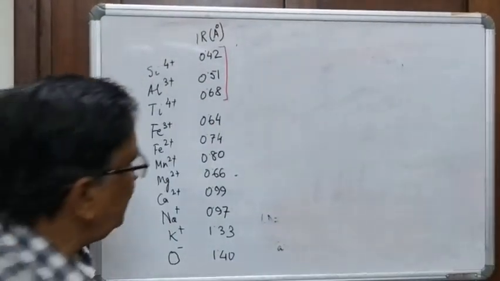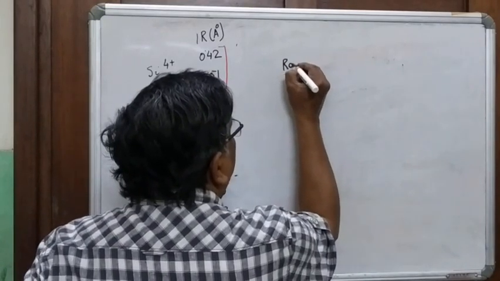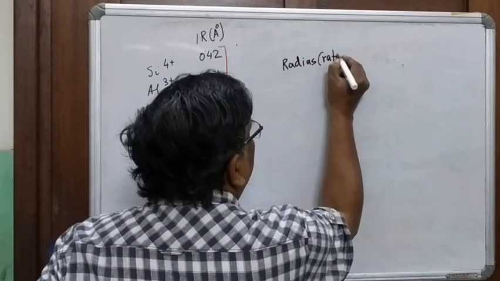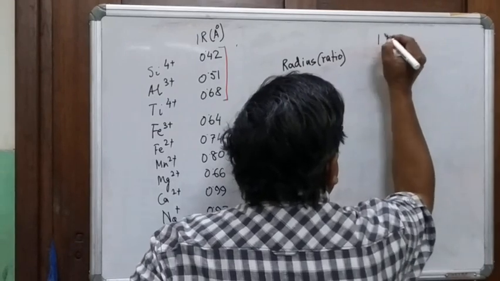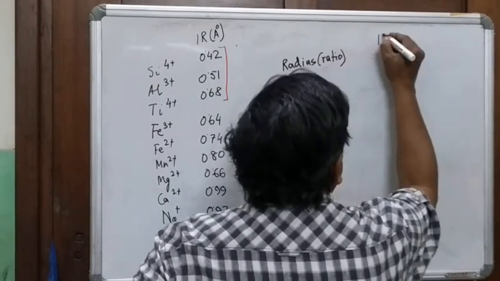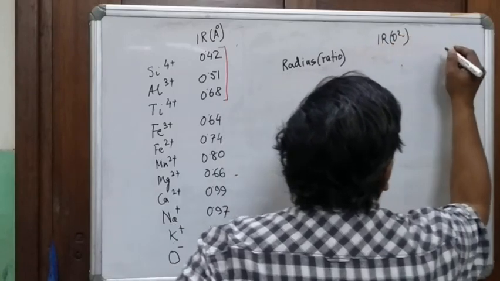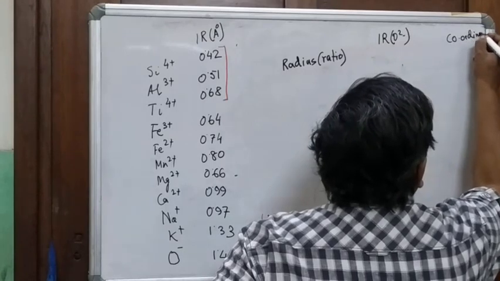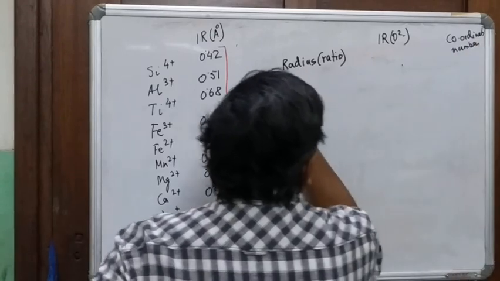And so you have the table where you have radius ratio, ionic radius if O2 minus is this thing, and coordination number. So you have this table.